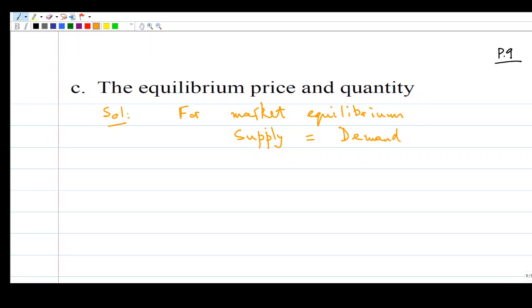So you can work with your supply and demand functions, which you'll find under A and B. Work with that to answer this part of the question and stop the video. And then for your solution, after you did the working, you can refer to the lecture outline. We will stop over here.